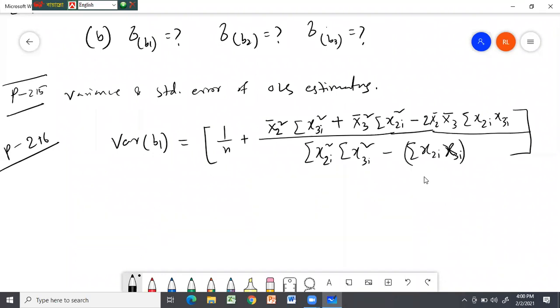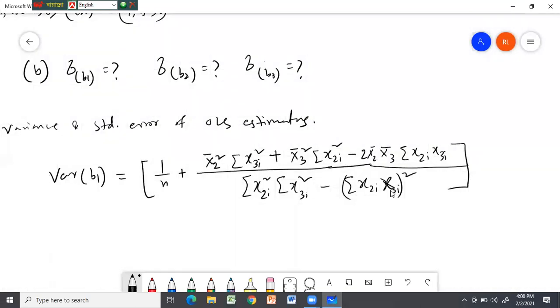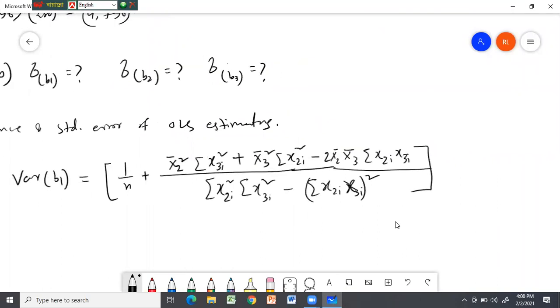This portion is already known to you because you have just calculated the values of B2 and B3, where the denominator was the same. And these would be multiplied with the error variance, which is denoted by sigma square.